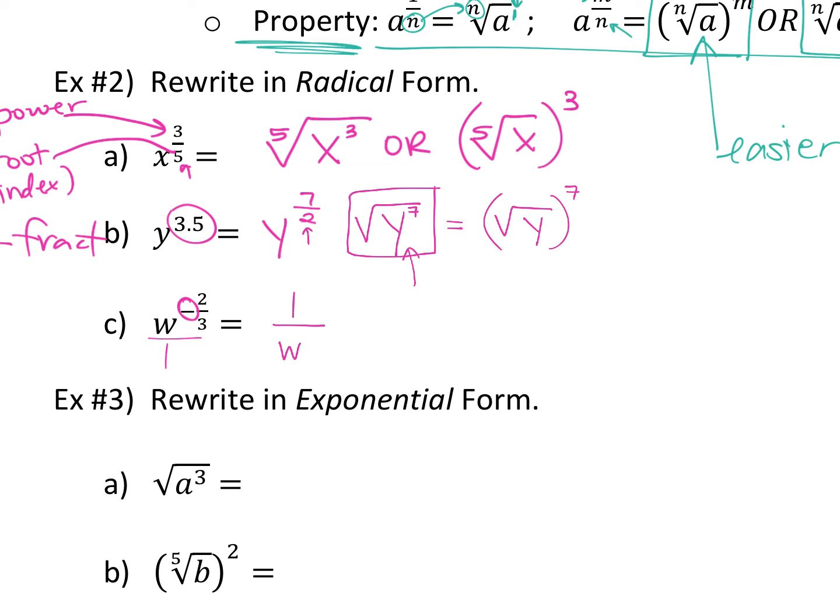And now, since we moved it, we take away the negative. So it's w to the 2/3 power, but on bottom. Okay. Then what we do with that is we call it 1 over. It's a power of 2 and a root of 3. So it's the cube root of w squared is how I would write that one.